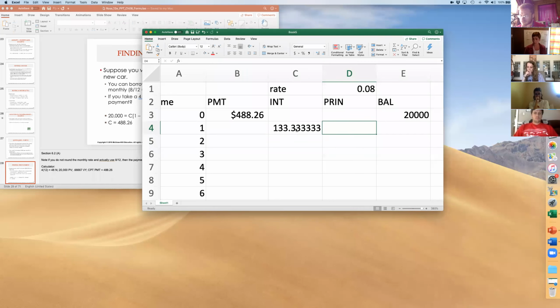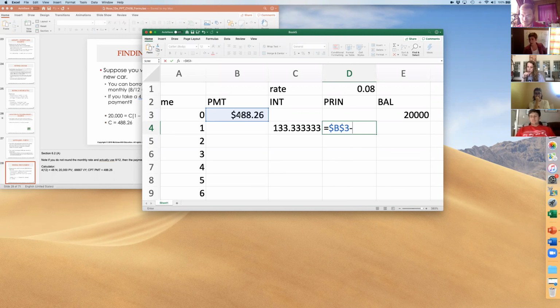The principal then is going to be what's left over from my payment. So my payment's $488. This time I'm going to go Command T and lock on to that payment. I think the last class I copied the payment all the way down the column, and then I didn't have to lock on to a single cell. But today I'm being lazy and I don't want to copy the whole thing all the way down. So I'm just going to refer to that one payment over and over again.